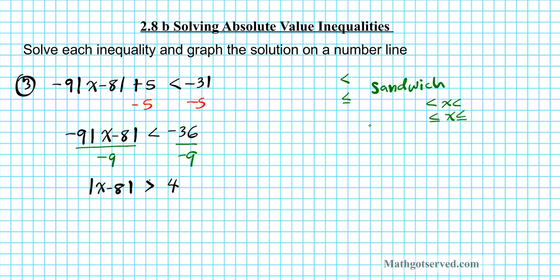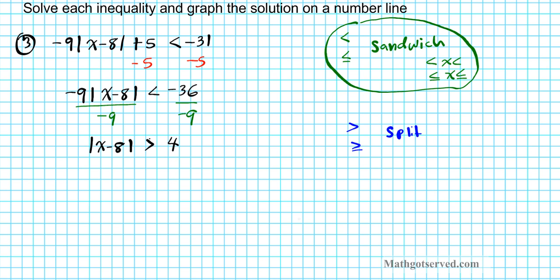But if you have a greater than situation, then you have to split it, okay? So in this case, we have a greater than situation, so we must split the inequality, okay? So greater than or greater than equal to, you have to split before you solve.